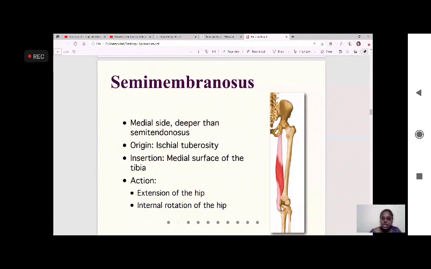These muscles help in the extension of the hip, internal rotation of the hip, as well as the flexion of the knee. Next slide, please.